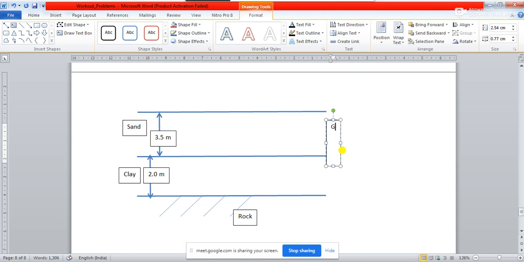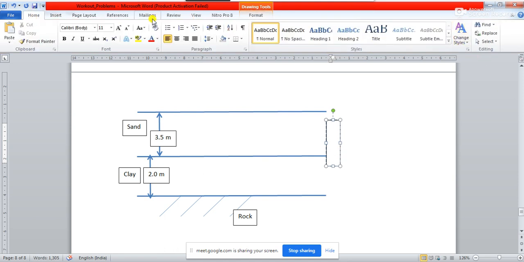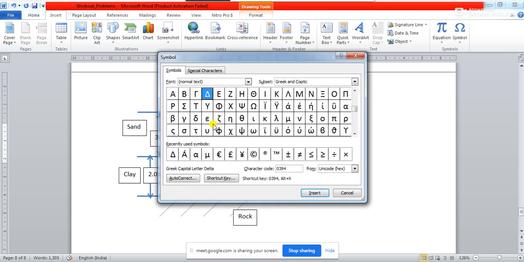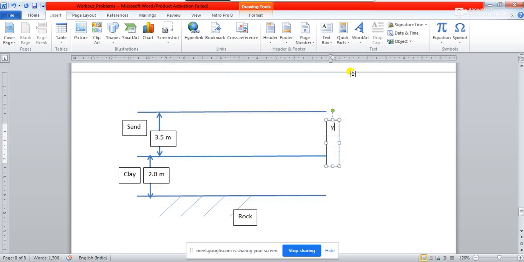I am writing gamma here. Let me take a gamma from the symbols. So this is gamma bulk, right? Gamma bulk is given.